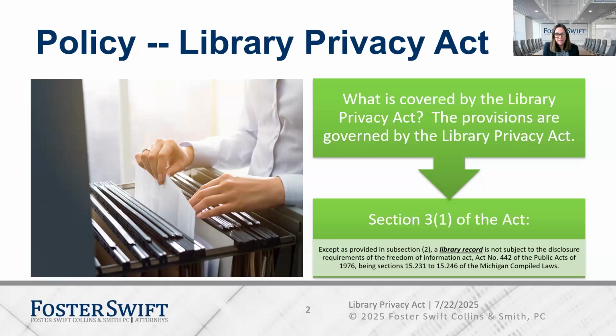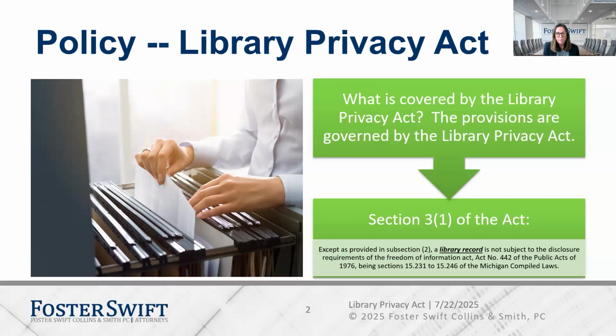Except as provided in subsection 2 of 3, so 3.2, a library record is not subject to disclosure under the Freedom of Information Act. So what it says is basically a library record cannot be subject to disclosure under FOIA.